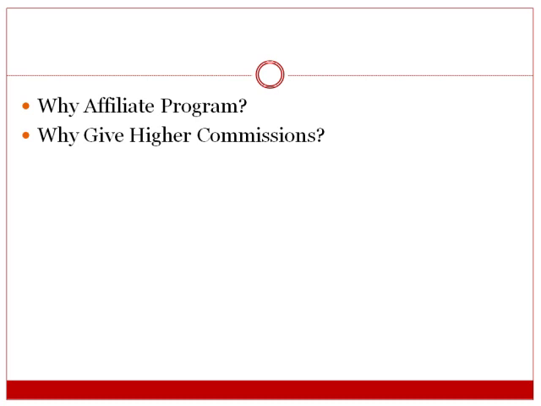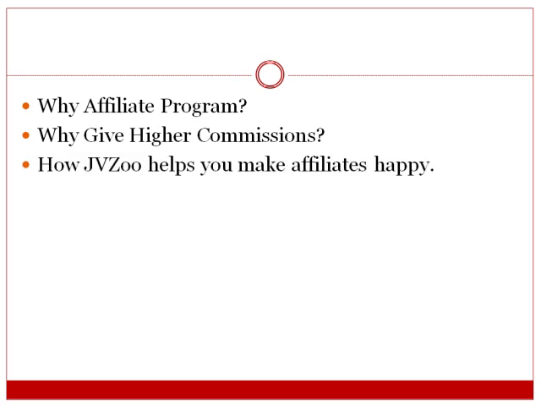So you want to make sure you have a high converting program first, and then give people higher commissions. You can also give certain affiliates higher commissions for bringing in more customers. So definitely make your affiliates happy, make them feel valued, and reward them if they are bringing a lot of sales to your product.